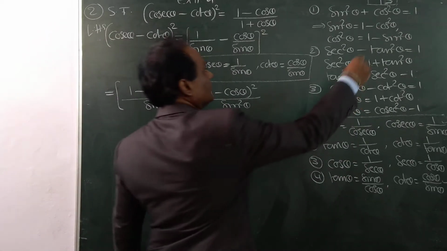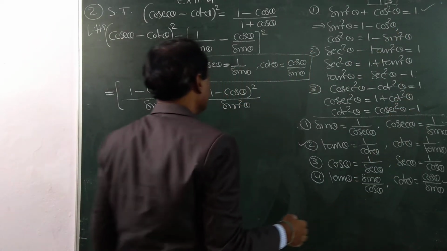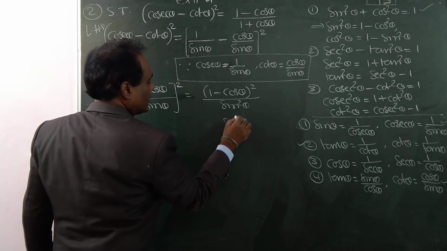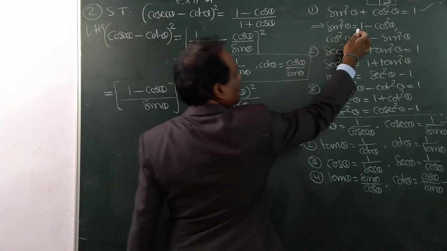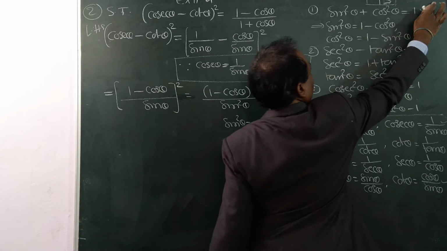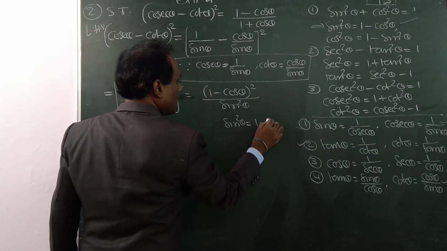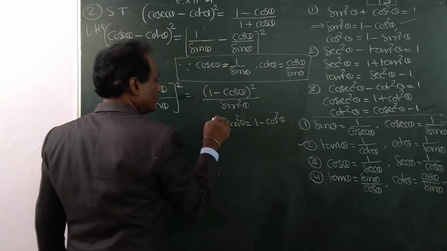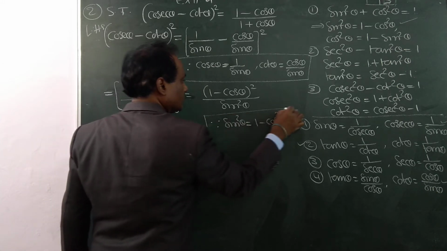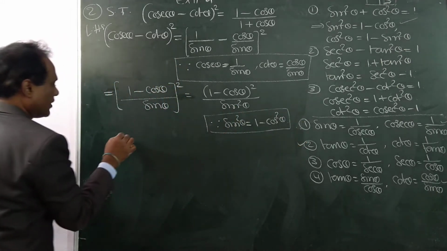First formula: sin square is equal to 1 minus cos square. That formula I will apply.